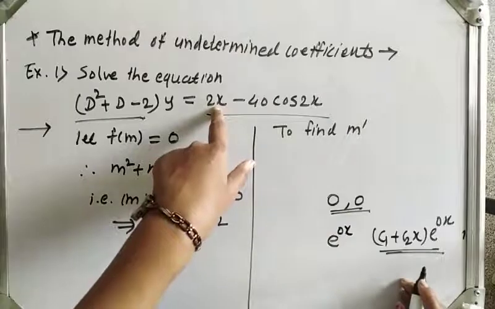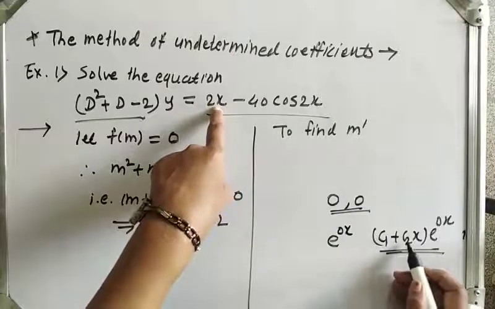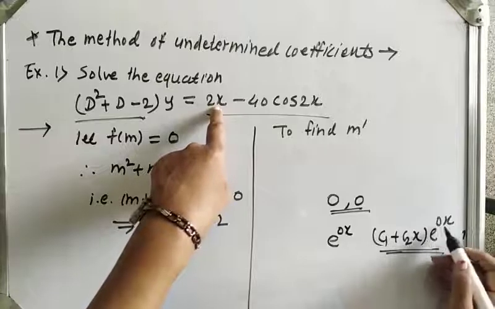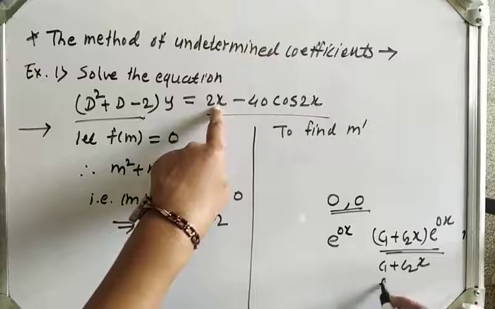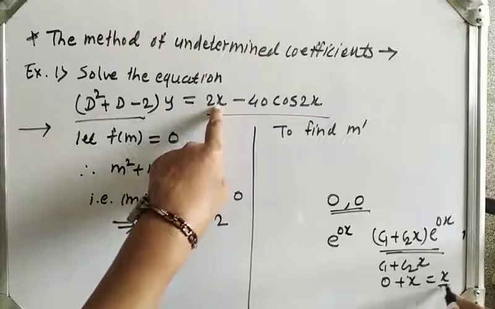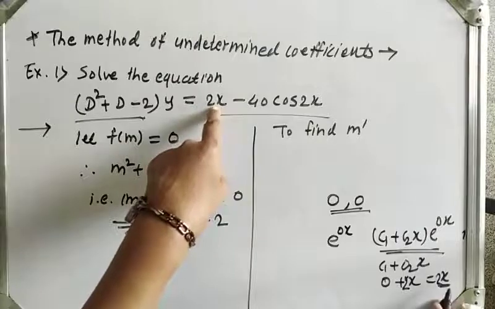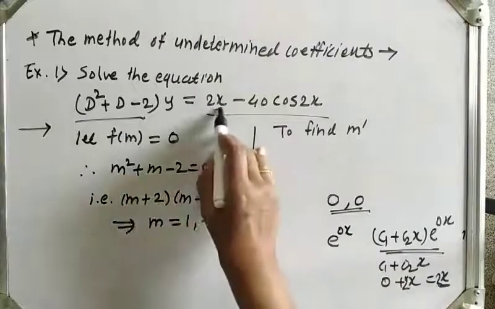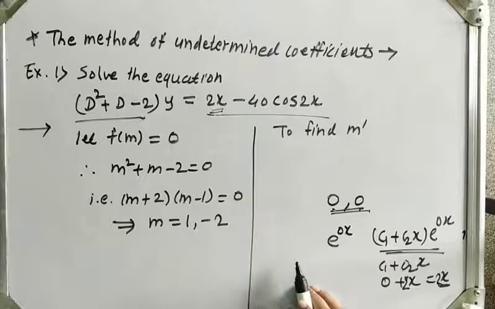Now if we take C1 as 0 and C2 as 1, we get x. Or here is 2x, so we will take C2 as 2 and then we will get 2x. So from this 2x, what are the roots? 0, 0, 2 times.